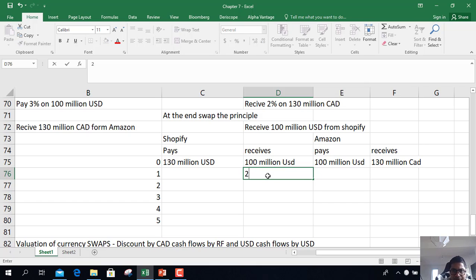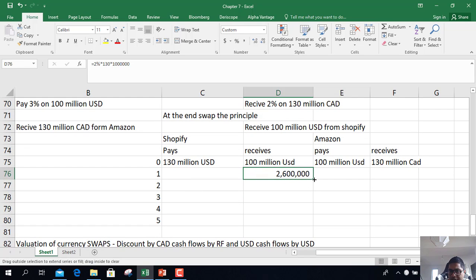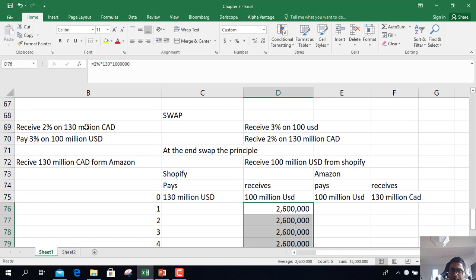So each period it will receive 2.6 million Canadian from Amazon.